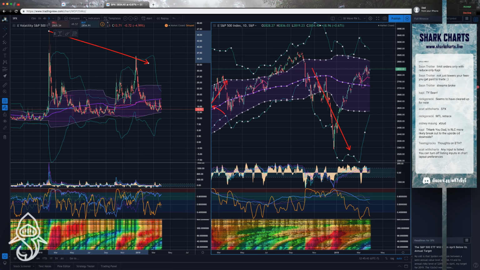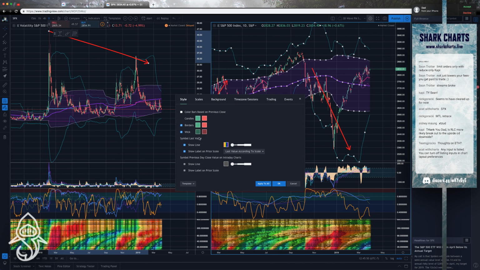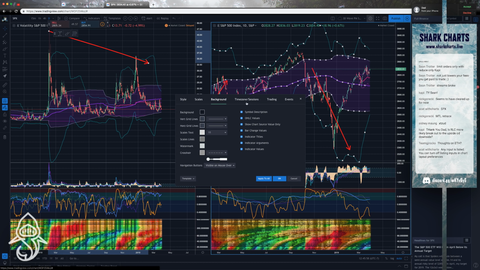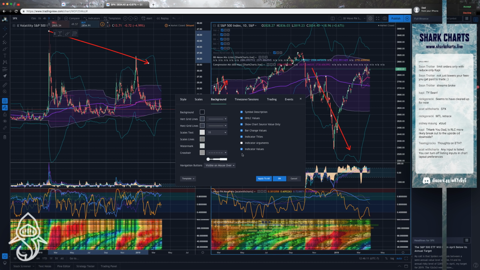Ooh, you can turn off listing inputs in chart layout preferences. Thank you. Okay, what am I turning off? Listing inputs. Is it indicator argument? I should probably have this visible first. There it is, that one.